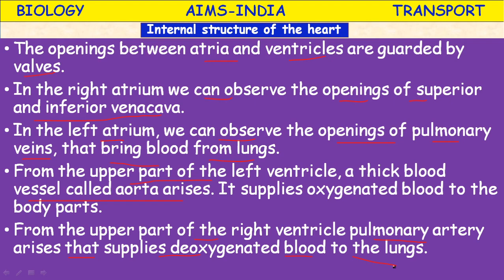In a similar manner, the left auricle or left atrium receives oxygenated blood from the lungs, and that oxygenated blood is pumped to the left ventricle. From the left ventricle, a very thick walled blood vessel, the main artery, arises. It is called the aorta or systemic aorta. It supplies oxygenated blood to all body parts. Okay, children.